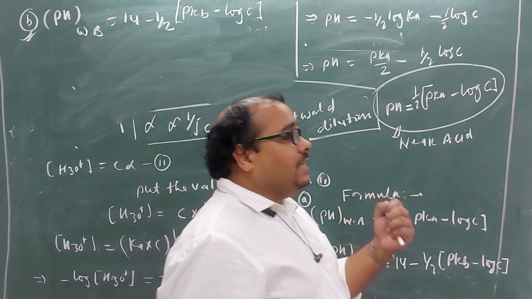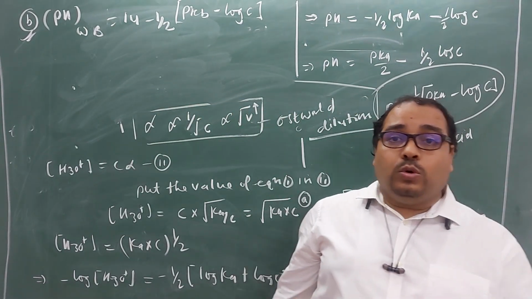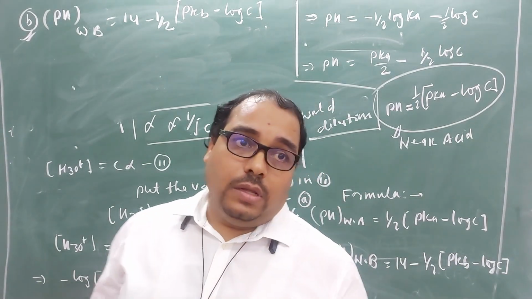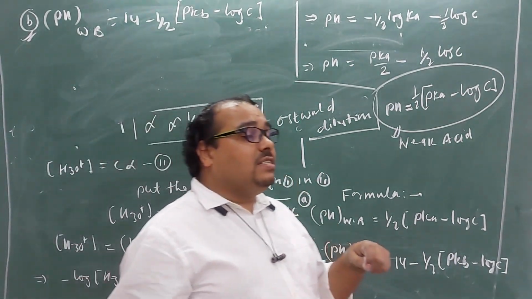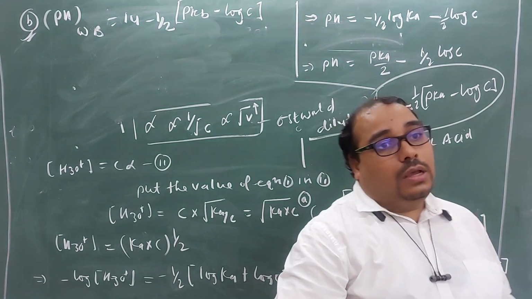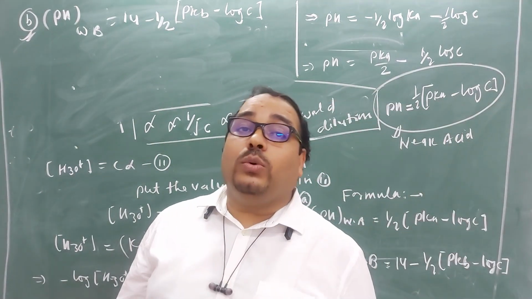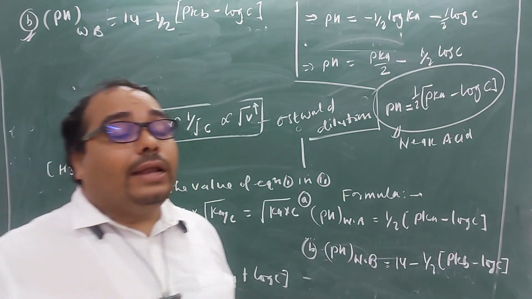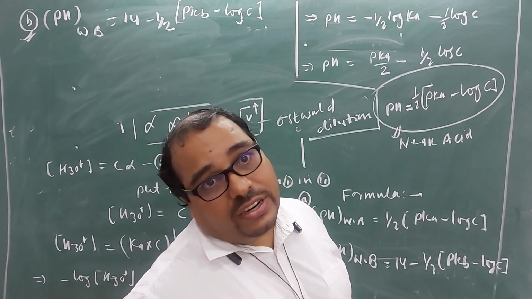Yes. Now if you mix more than one weak acid and more than one weak base in one reaction vessel, what will be the total hydronium ion concentration and total hydroxide ion concentration?